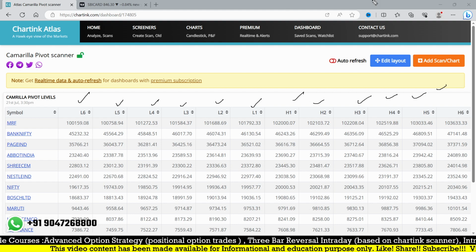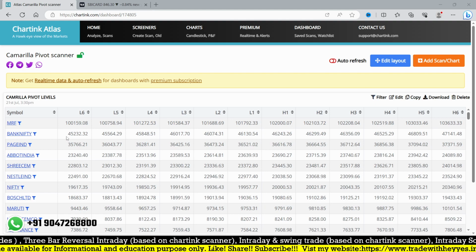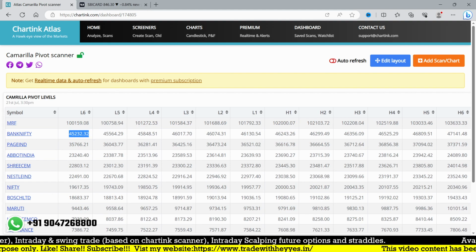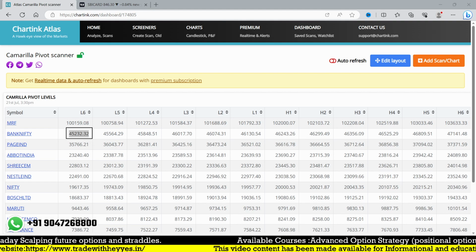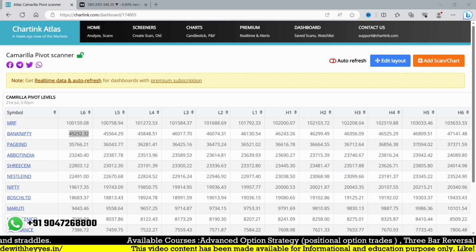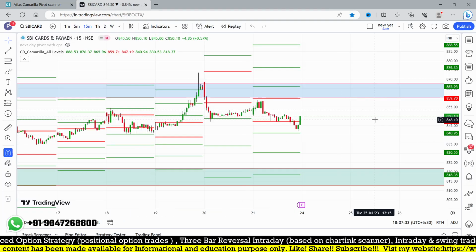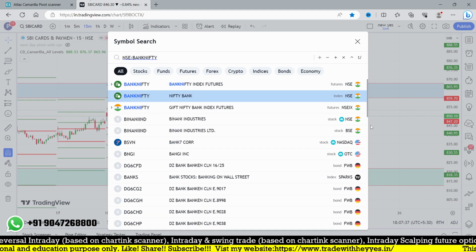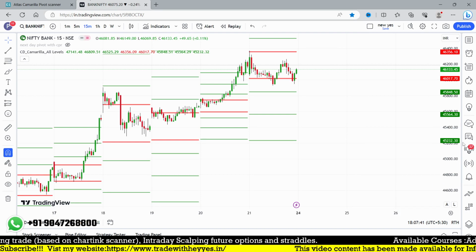Let me try. We already discussed the MRF S6 level and the Bank Nifty S6 level for support. Today the S6 level is 45,232. Let me add Bank Nifty to check whether it's right or wrong. So 45,232.